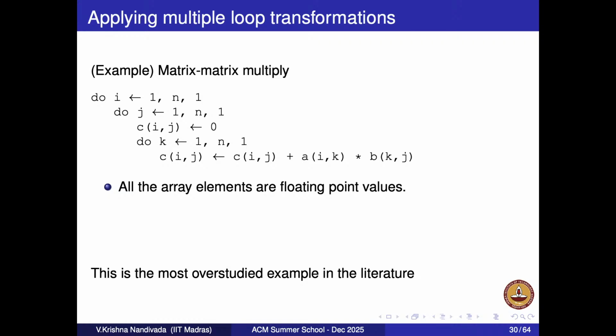How many floating point multiply operations do I have there? N cube. How many branches do I have?